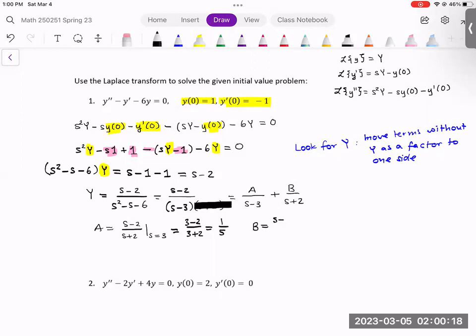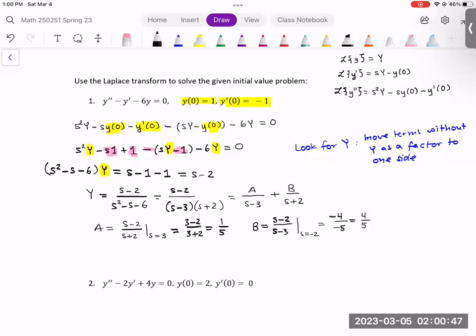And so we're evaluating s minus 2 over s minus 3, where s equals -2. So we're going to be plugging in this -2, which makes the denominator of the B term equal to 0 when uncovered. Plugging this in, we have -4 over -5, or 4/5.